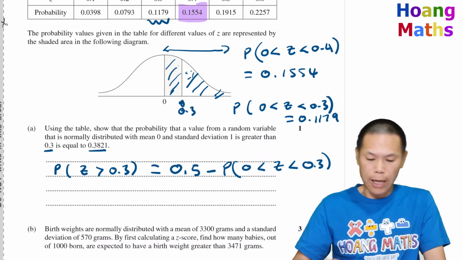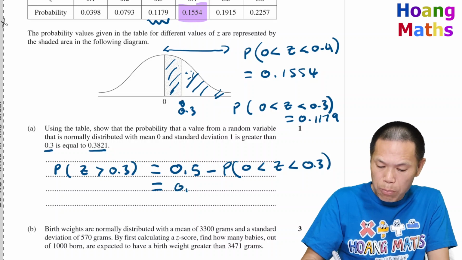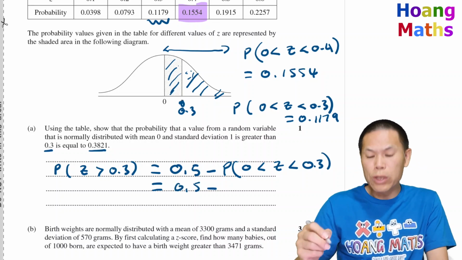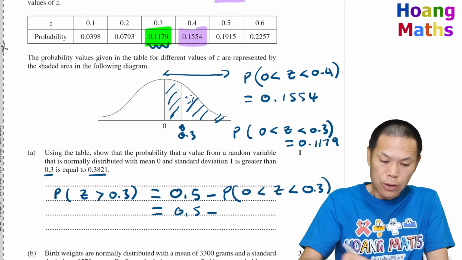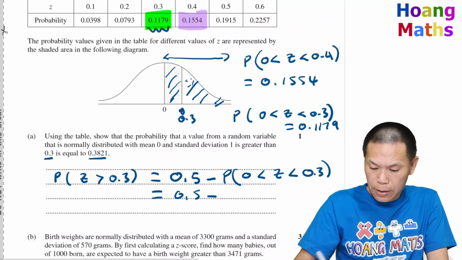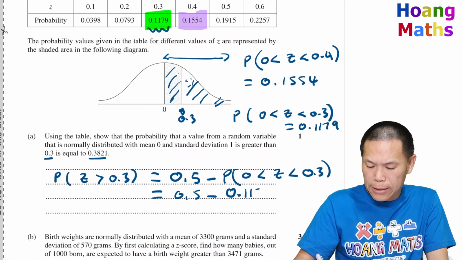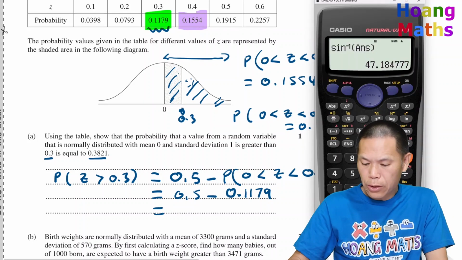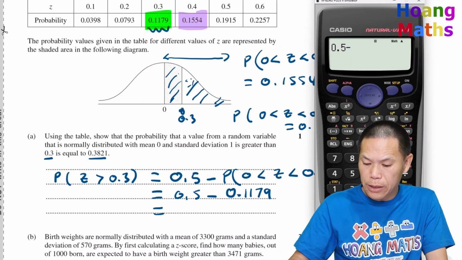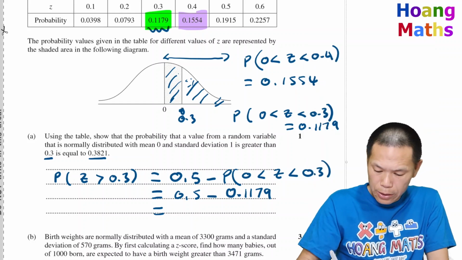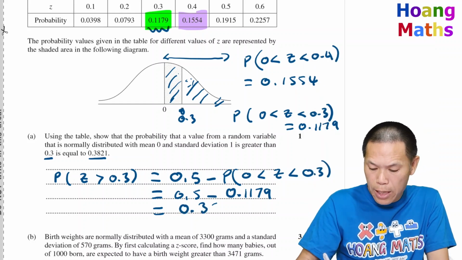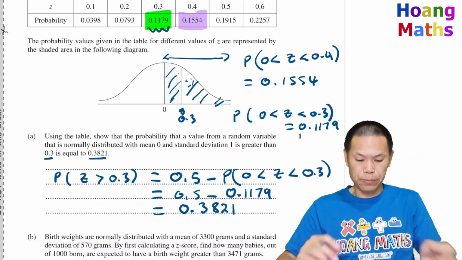So that becomes 0.5 minus 0.1179, and there you go, 0.3821.